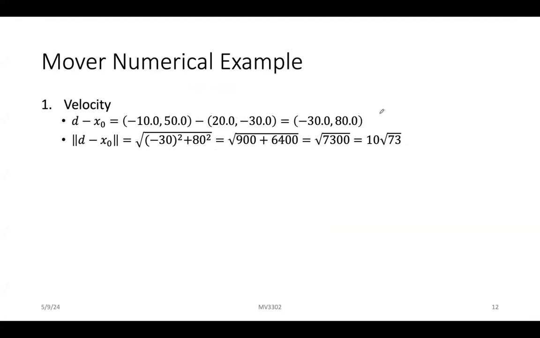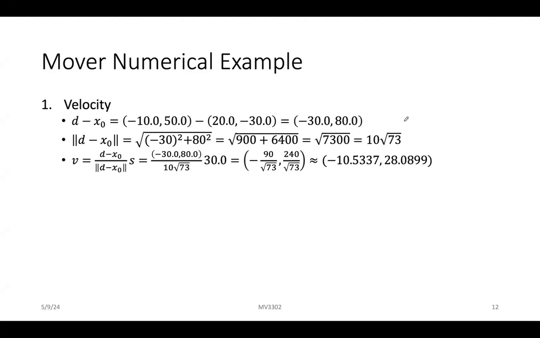For numerical examples, it's always best to carry around the highest precision. Don't round off until the very end, because especially with calculations like this, if you round off too early, the results can be off by a bit.